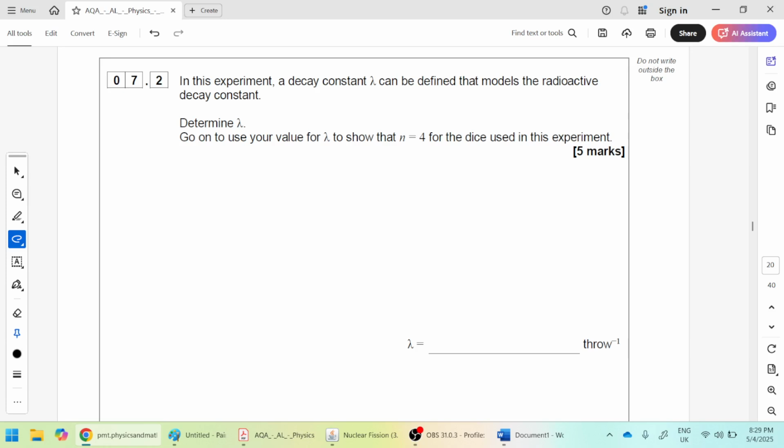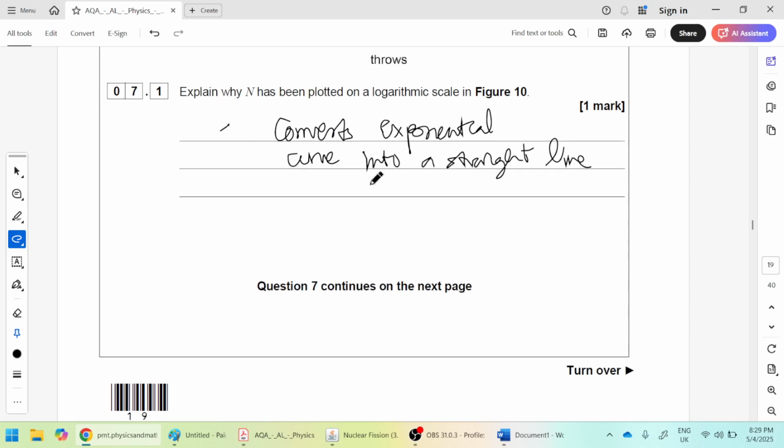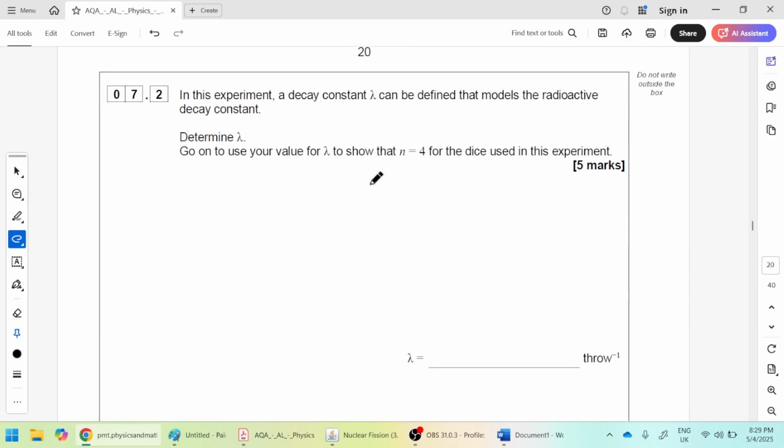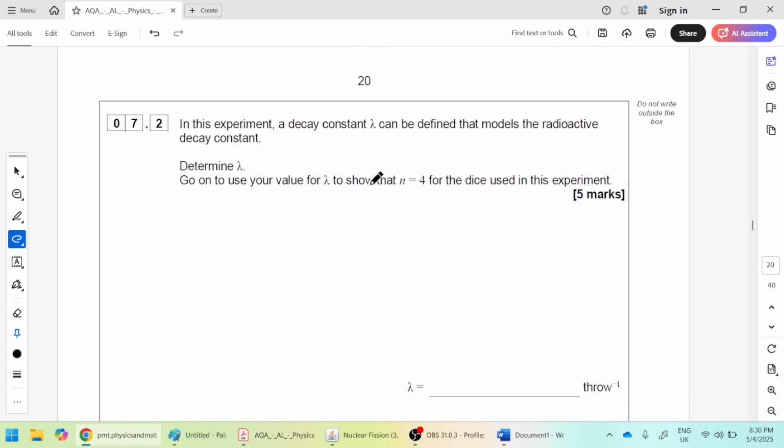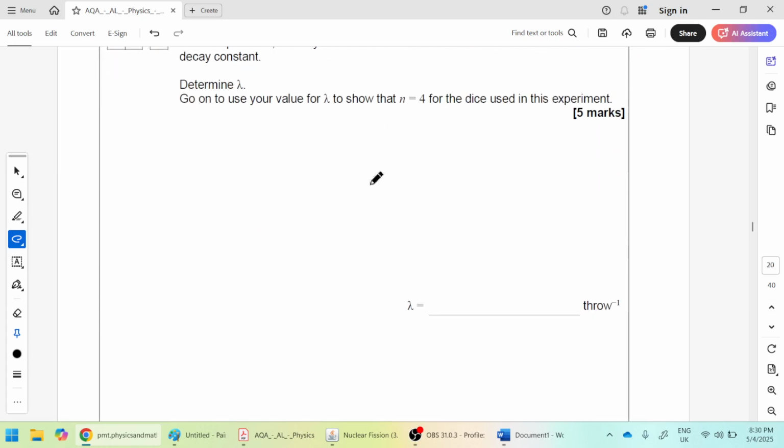What we have is the radioactive decay equations, exponential decay equations. We also have the half-life equation. Lambda appears in a couple of equations.